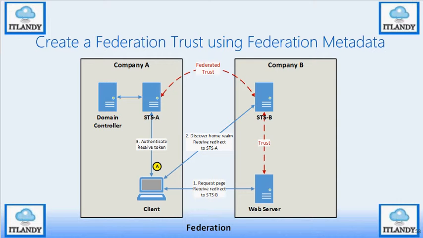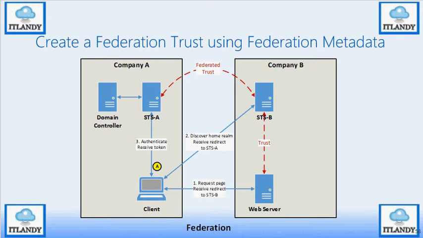As you can see, the user visits application 1 and gets redirected to STS B, which is known by the application. STS B has multiple claim providers. There's an AD domain, where STS B is installed. Also there's an STS A which belongs to company A, and the claims were added as well.